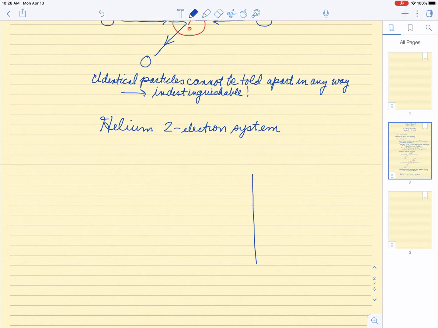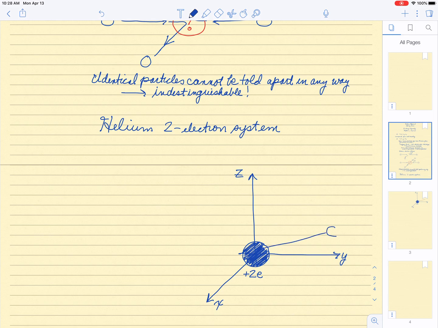So we have our helium nucleus, which is going to have 2 protons, 2 neutrons, so it's got a charge of positive 2e. And then we're going to have a couple of electrons.